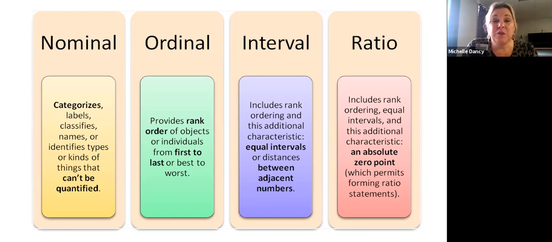Then if I move to my highest form of data, my ratio data, I've got all the characteristics I've been building up to, plus anything that is ratio has what we call a true zero or an absolute zero. So let's go back to the example I was just using with the years, 1980 versus 1970.